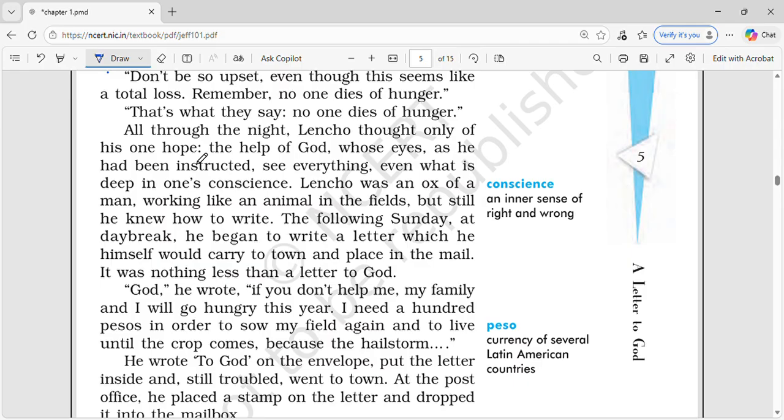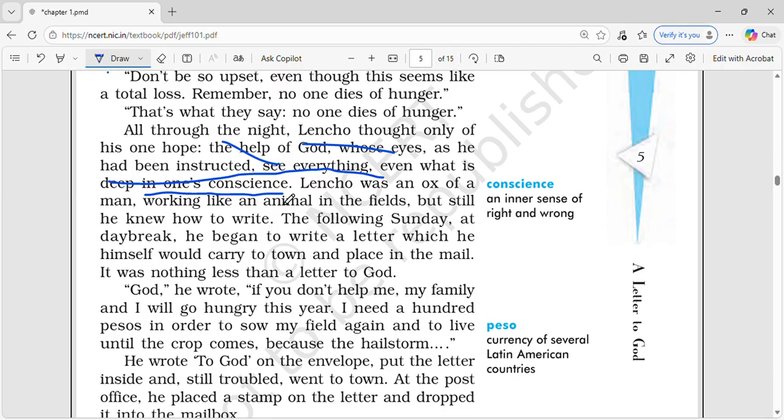Since it was a sorrowful night that Lencho had, he hoped for help from God. He expected only one person to help, which was God, to fix all of his crops. And God was the only eye instructed to see every single thing that a person does, and also see one's deep conscience. Conscience means a sense of inner feeling about what is wrong or right.